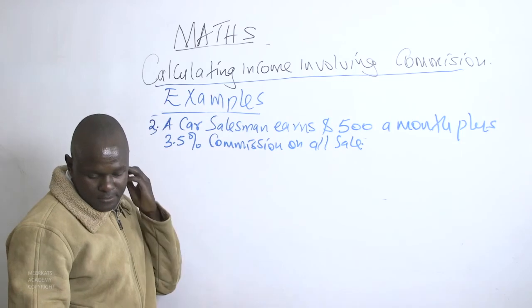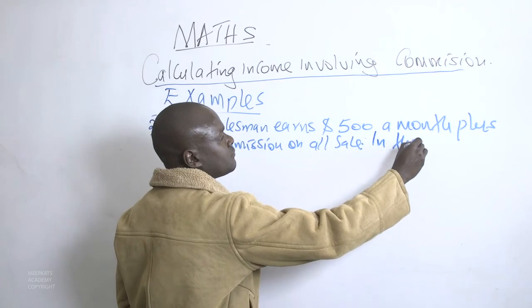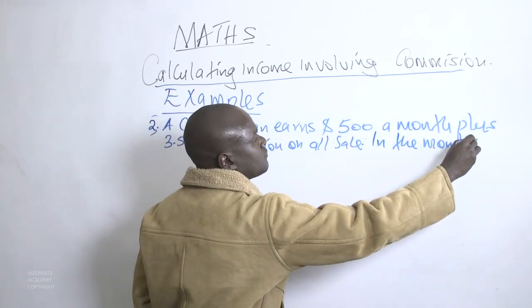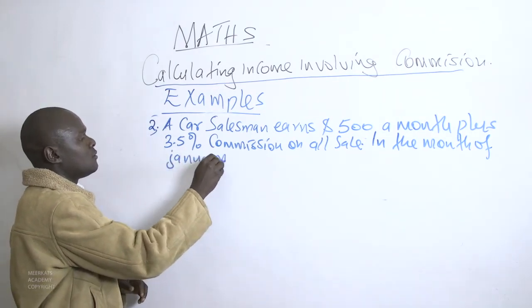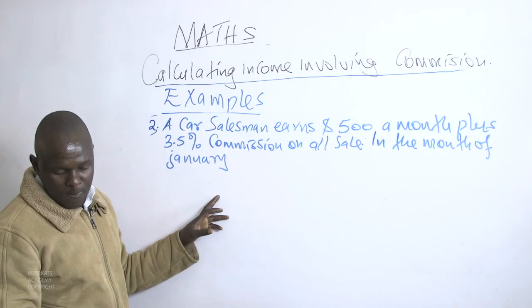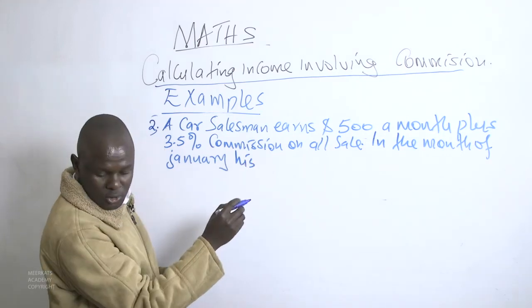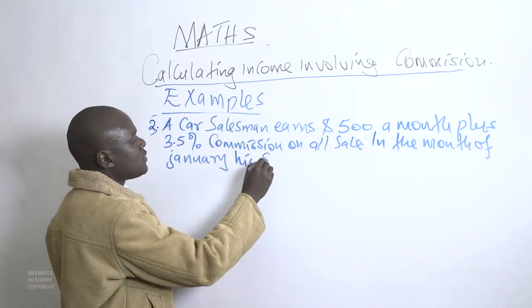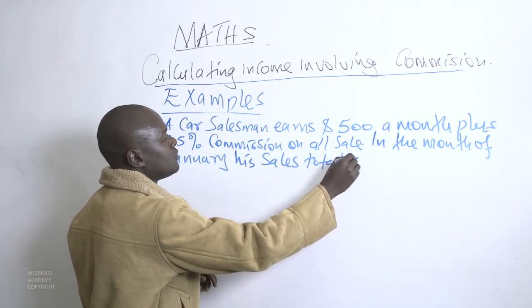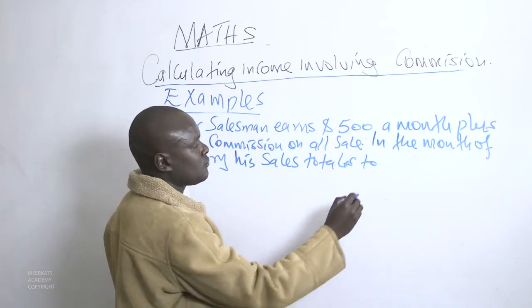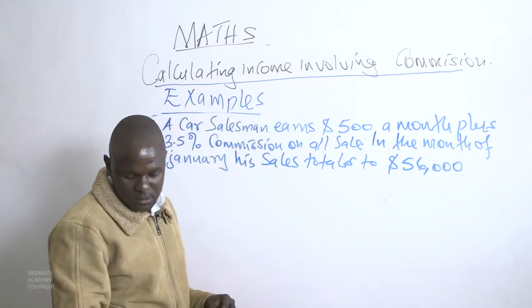On all sales. In the month of January, he sells a total of $56,000.